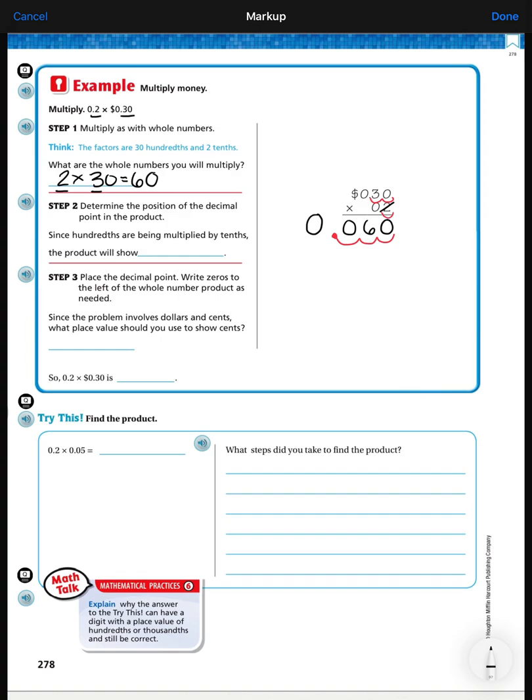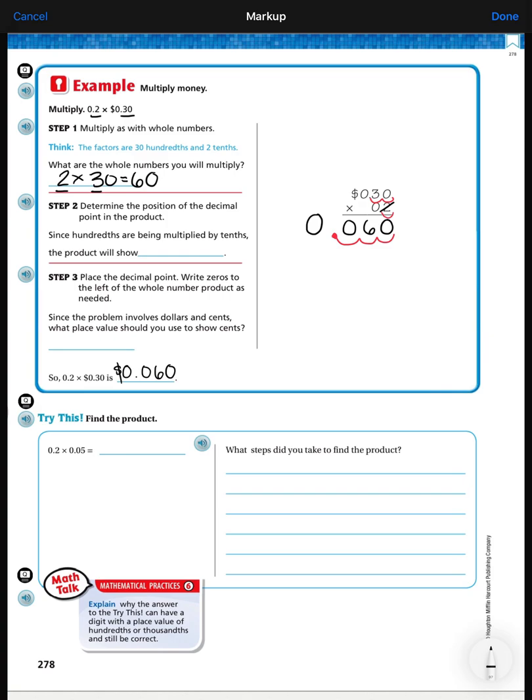So we can go down here where it says, so 0.2 times 0.30 is 0.060. And we also have to add the dollar sign because we were dealing with money. Okay?